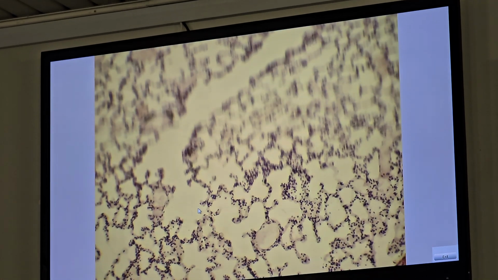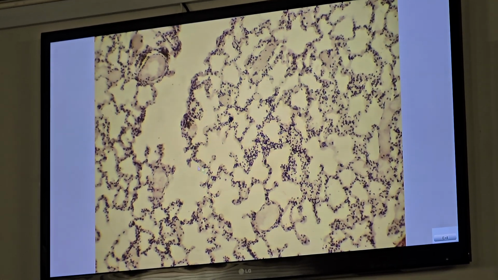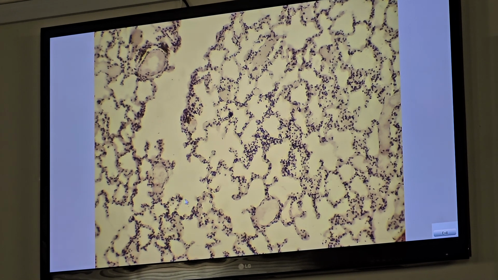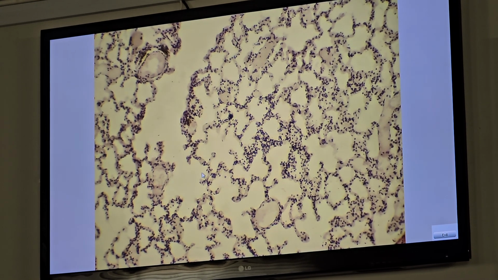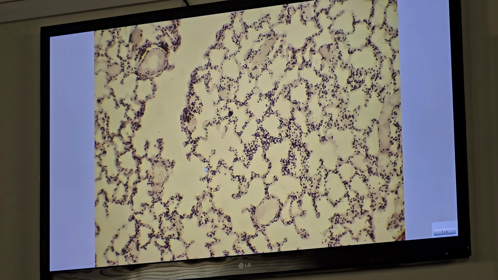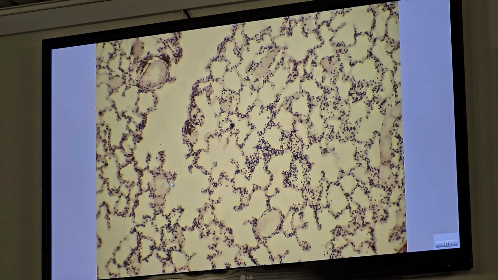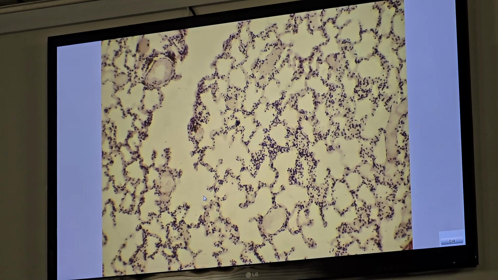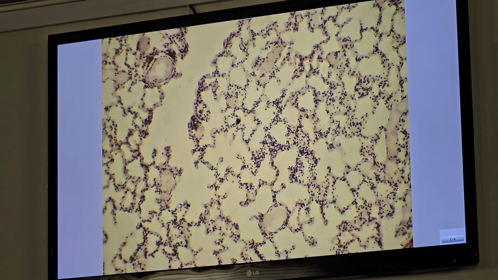The distal end of alveolar duct has a cluster of alveoli. This structure is called alveolar sac. Alveolar sac, cluster of alveoli.